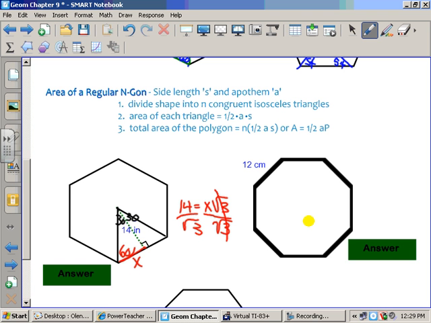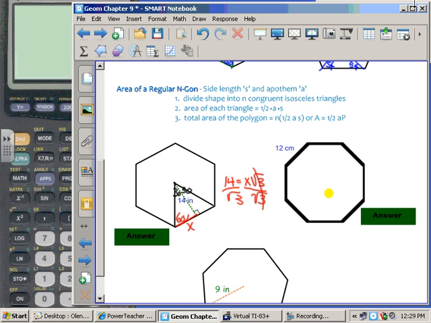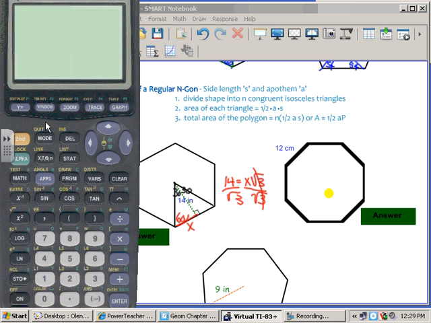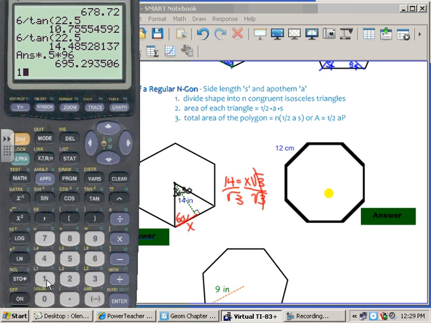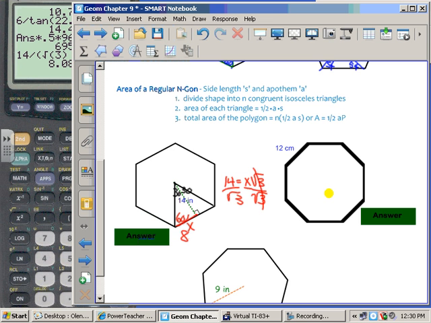Now, normally we would work this so that we would get an exact answer, but really I need the actual number for this. So I am going to plug in my calculator 14 divided by square root of 3. Yeah, I don't get a choice. Which is 8.08. Okay? So I know that this side is 8.08.